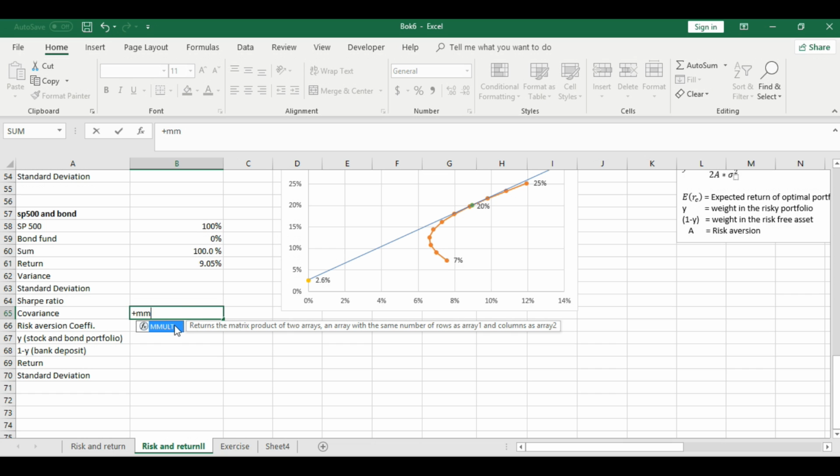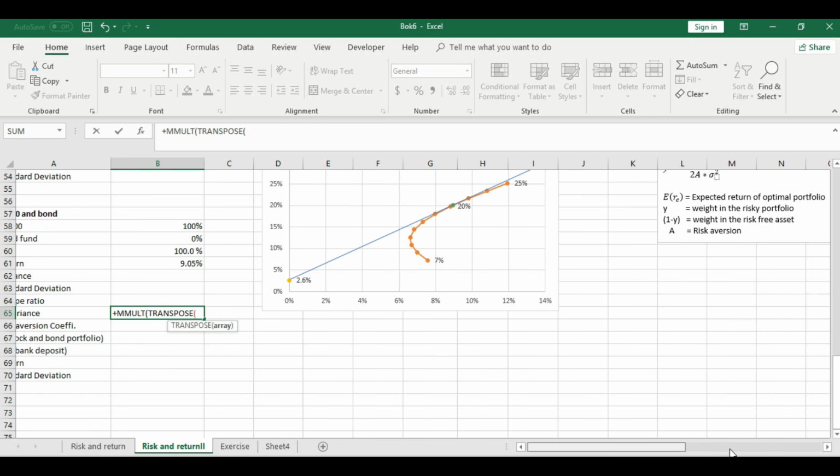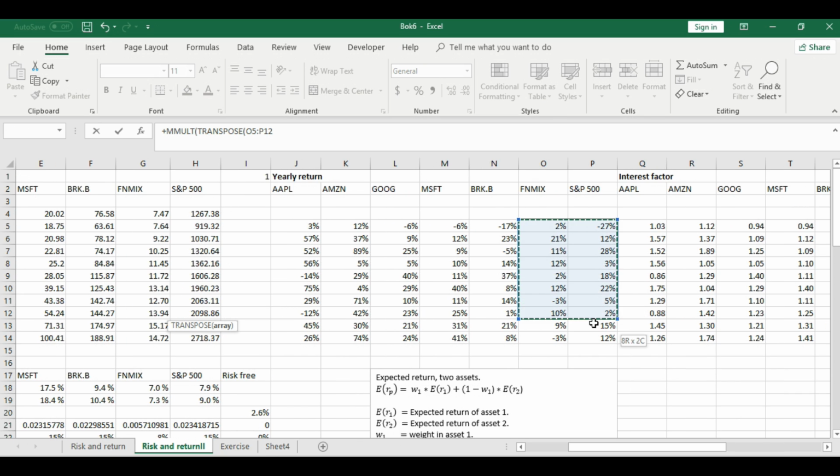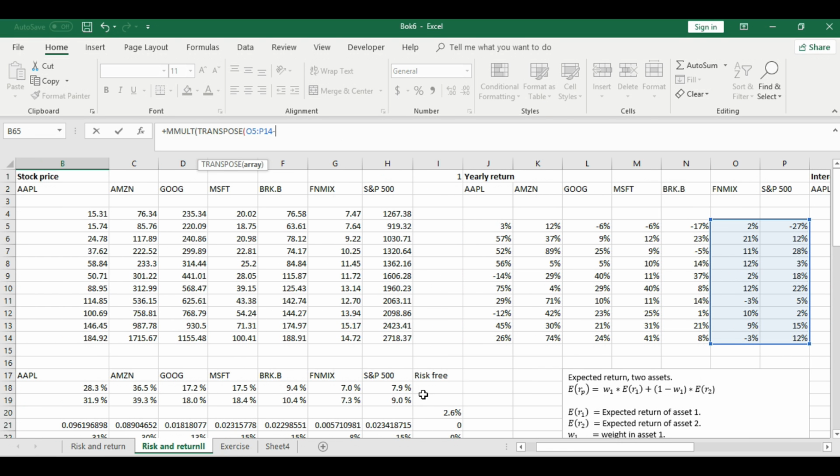So MMULT, transpose there, minus the expected return, multiplied by the same area, then divide by 9, Control Shift Enter.